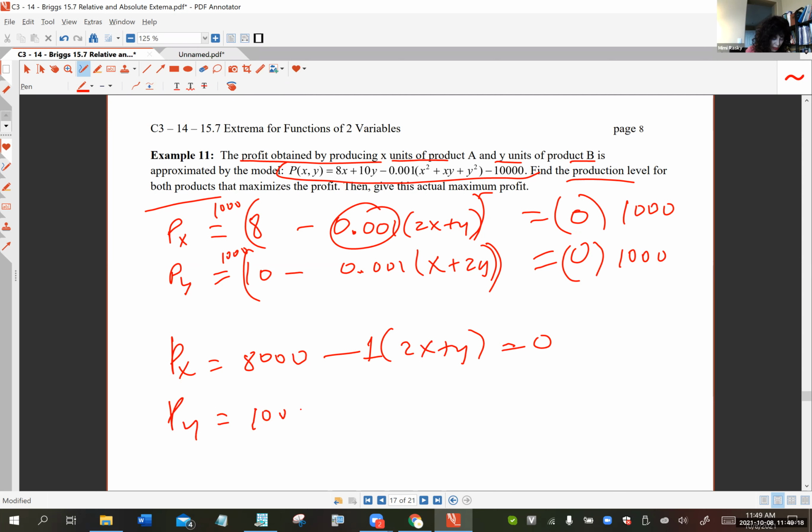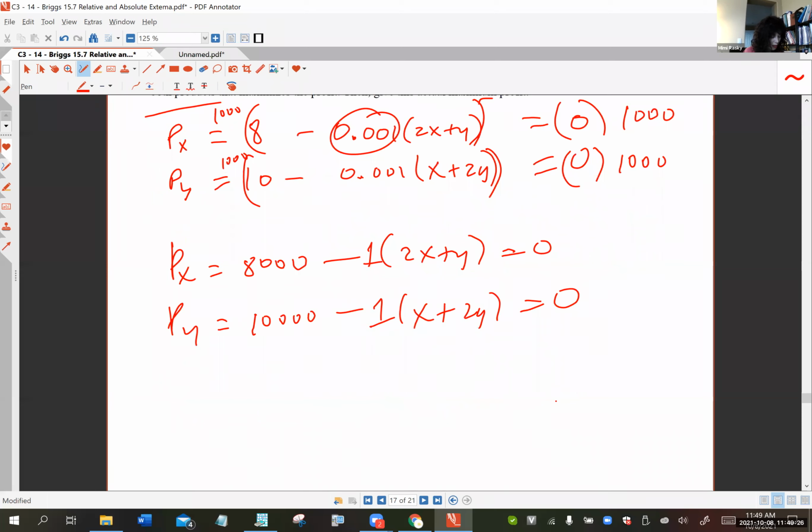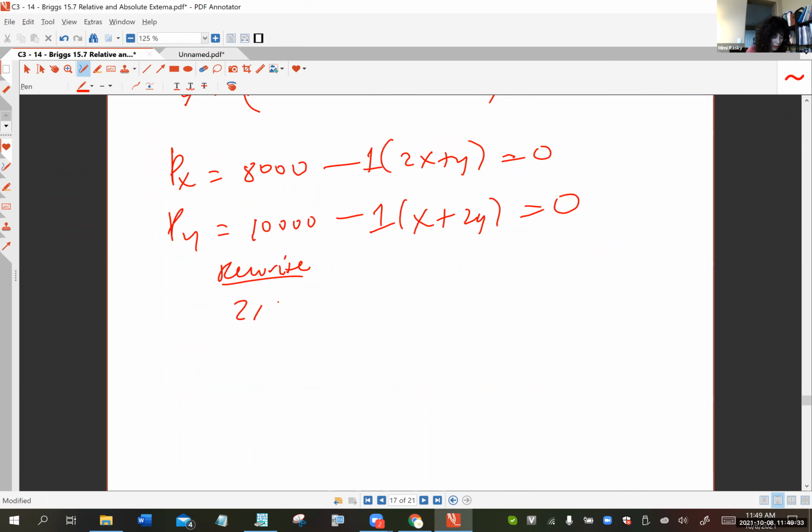And then when you multiply the partial with respect to y by 1,000, you get that. Now you may think, so what? But now when I rewrite the system, with the variables on one side and the constants on the other, it looks more traditional. That's how you looked at it when you took algebra, right? And then you can solve this either using substitution or elimination.